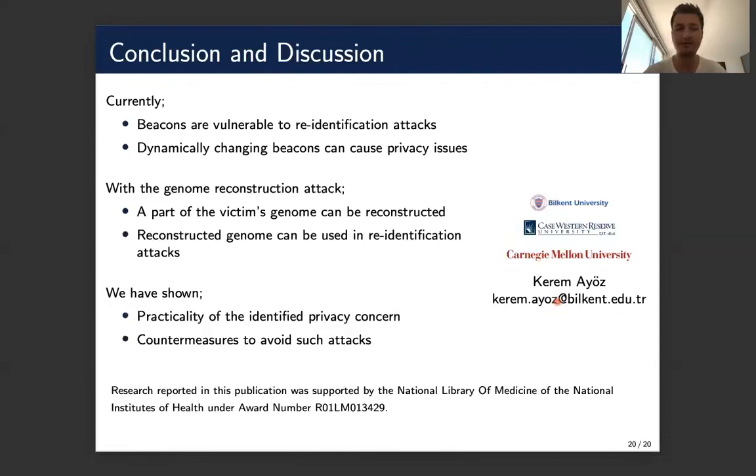And we have shown the practicality of the identified privacy concern with our experiments, and we also show countermeasures to avoid such attacks, because when, for example, the number of related donors increases, our performance drops, or when the beacon size increases, our performance drops. So increasing beacon size or related donors can avoid such attacks.